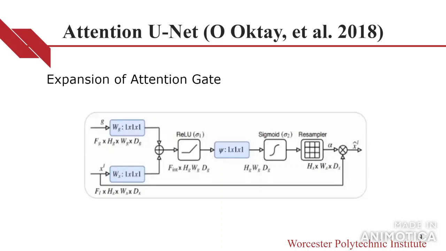The attention coefficients are upsampled to the original dimension, 64 cross 64, of the vector using trilinear interpolation. The attention coefficients are multiplied element-wise with the original x vector, scaling the vector according to relevance. This is then passed along in the skip connections as well.